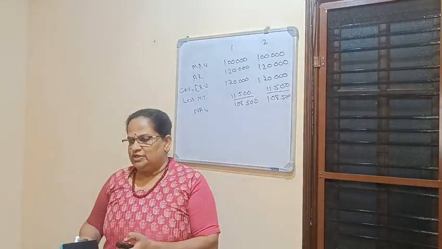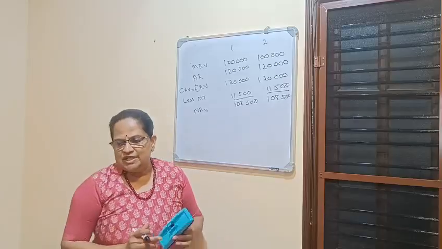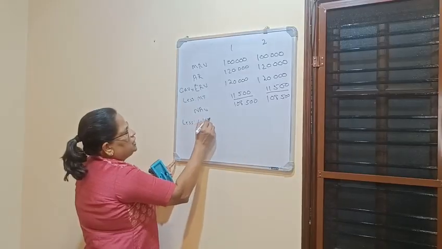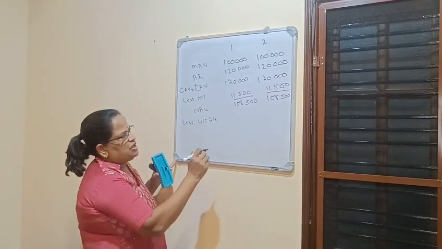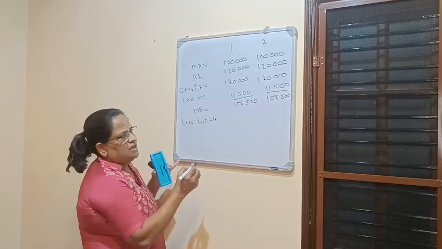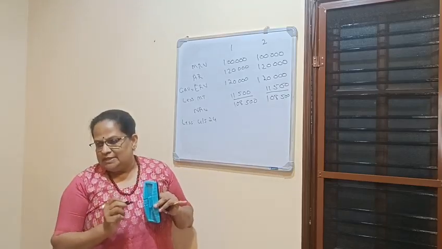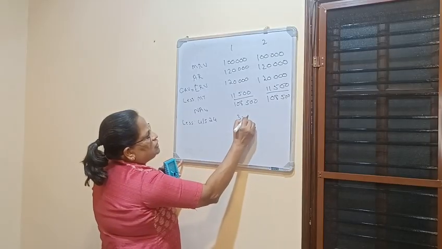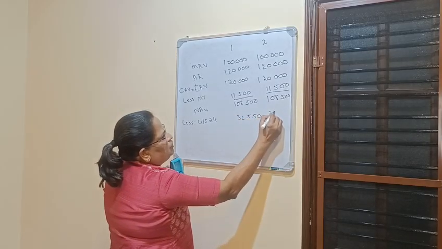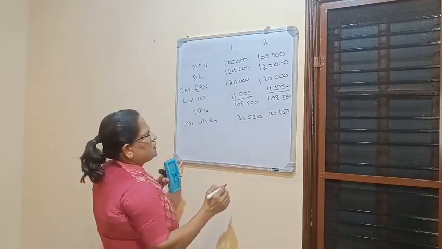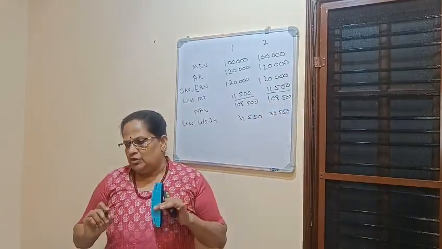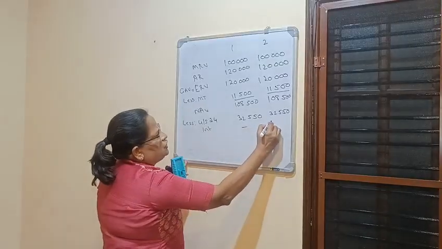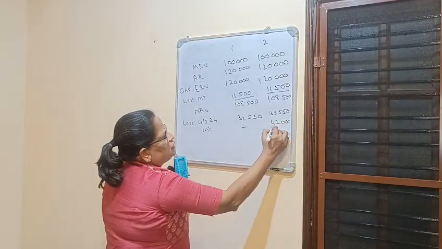Now from this we have to take less deductions under section 24. Standard deduction will not be mentioned, but you have to remember 30% of this, which is 32,550 for each house. Then the interest on the loan taken for the construction: for the first house there is none, for the second house it is 42,000.